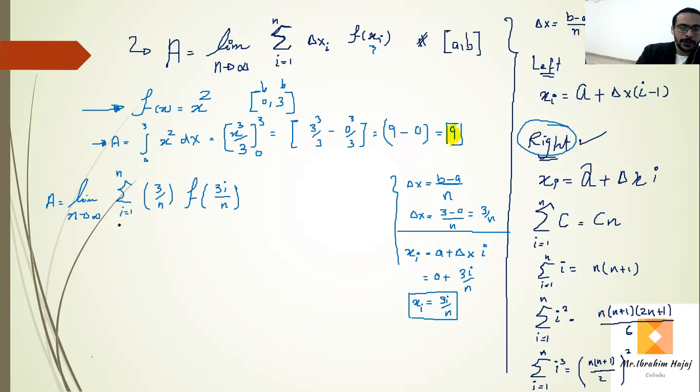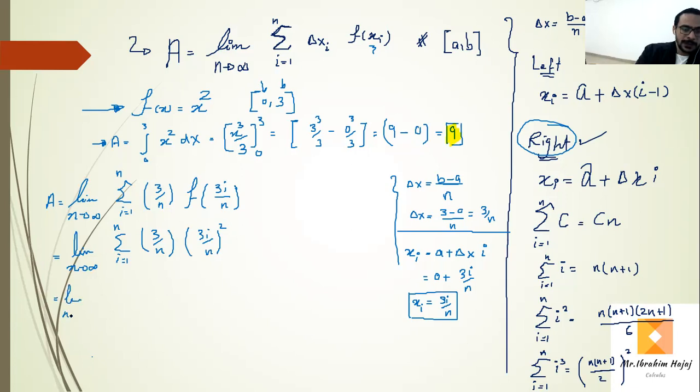So f of 3i over n means we have to substitute. The limit as n approaches infinity of the summation i equals 1 to n, give another 3 over n, the same, and then square, so 3i over n to the power of 2.